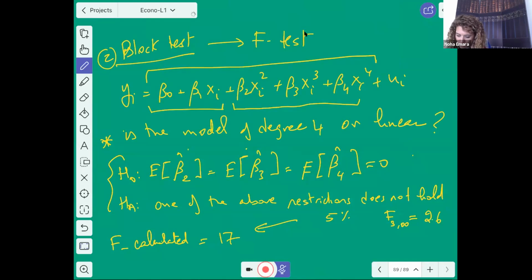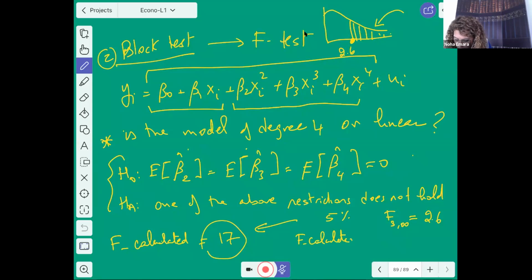So my distribution would be like this. The critical value of F3 infinity is 2.6. The number calculated, and when you ask me where did you get the 17 from, I just made up a number, okay? So the 17 would be here. So the F calculated exceeds the F critical value, which is 2.6, and 17.